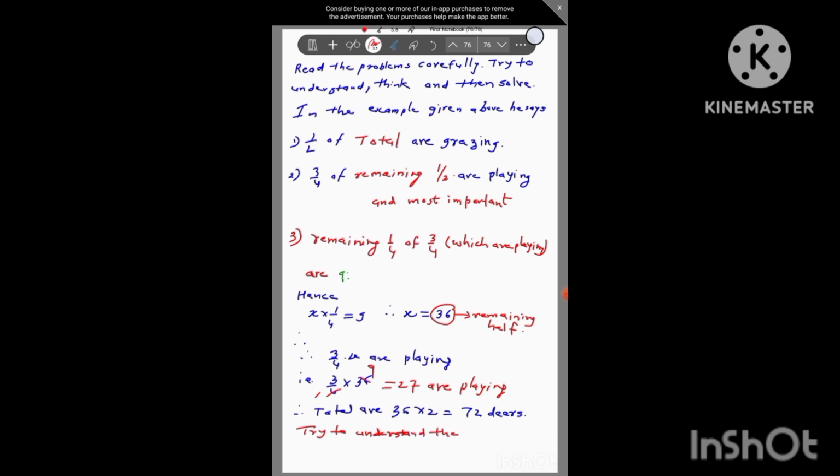So try to understand this. Again, I am saying this, there is some hinge in every problem that makes the problem difficult. Try to understand it. If you have any problem, write me in the comment box and I will solve it. I am Dr. Bharat Parab.